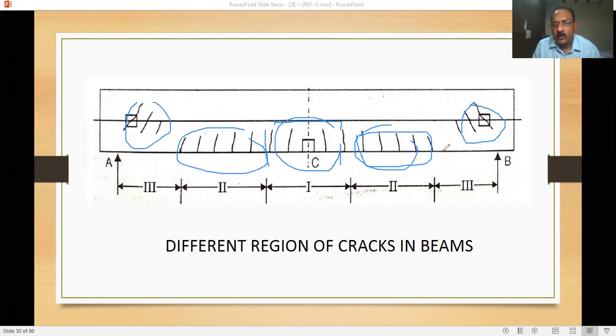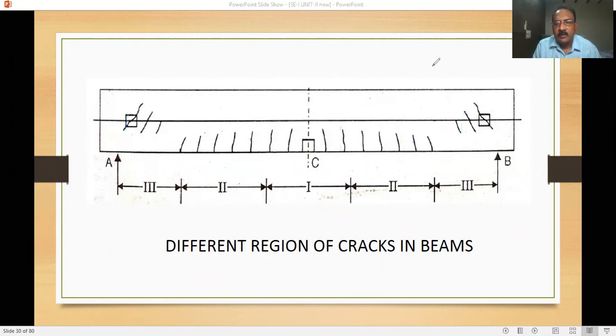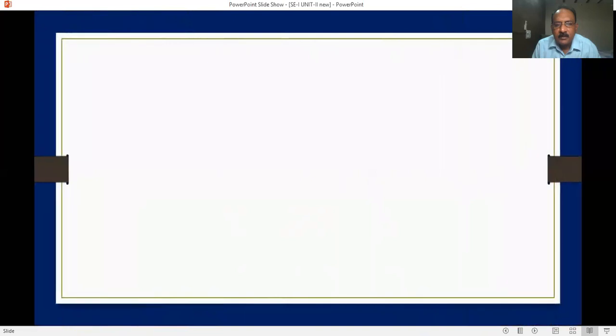At the edge you have cracks because of shear. There are three types of cracks, that is three regions. You have to draw this figure clearly and mention region 1, region 2, region 3. We'll see region 1.